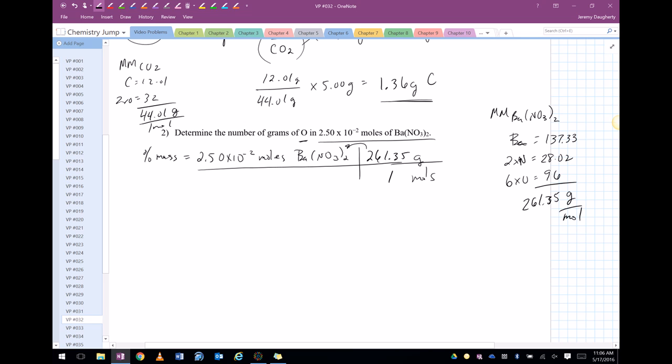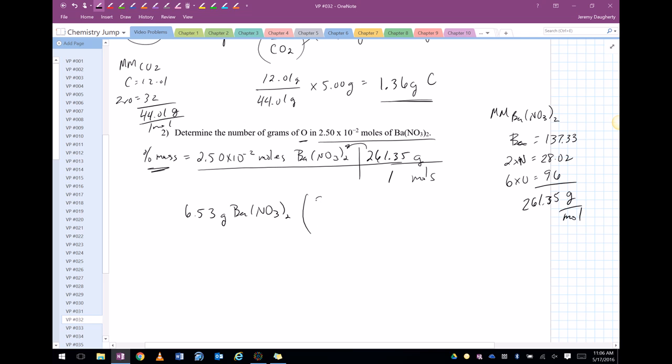So we've got 261.35 grams per 1 mole. Now I can get my grams. I'm going to take 2.5 E to the negative second multiplied by that molar mass, and I get a value of 6.53 grams of barium nitrate. Now, of that barium nitrate, I can use my percent composition by mass to figure out how much oxygen.